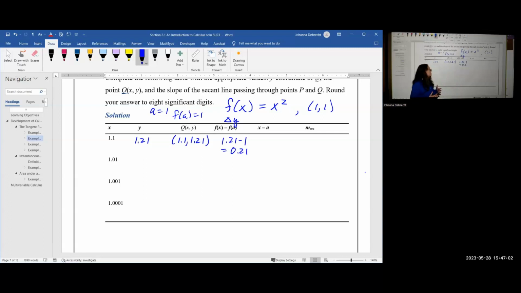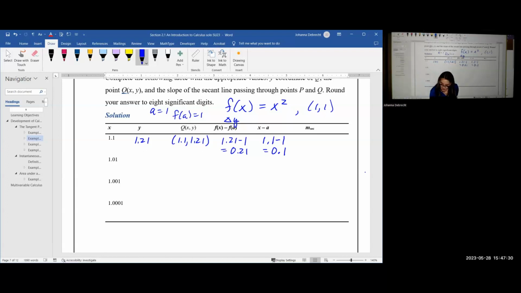Now, what's the change in my x value? Well, that would be 1.1 minus 1, which equals 0.1. And then we want to compute the slope of the secant line connecting those 2 points, (1, 1) and (1.1, 1.21).